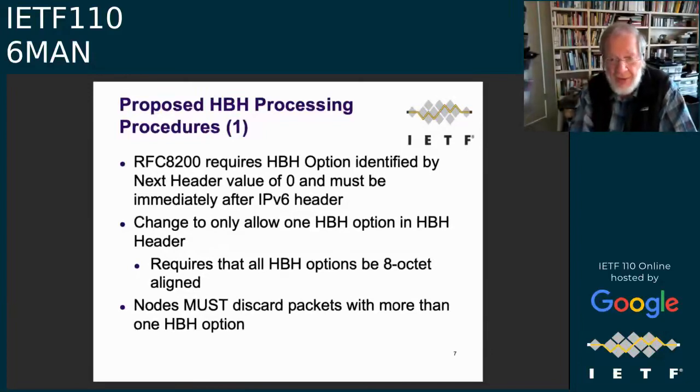I was trying to avoid that. As I'll talk about later, it turns out most currently defined hop-by-hop options are 8 octet aligned. And as part of this, I'm saying that nodes must discard packets with more than one option. Next slide.